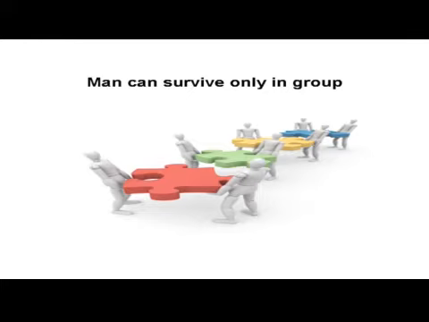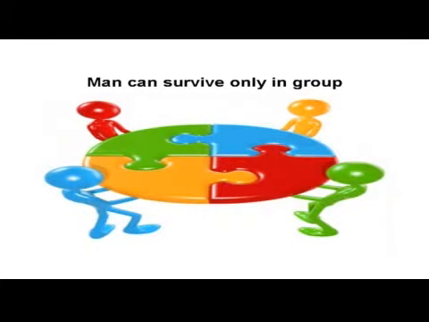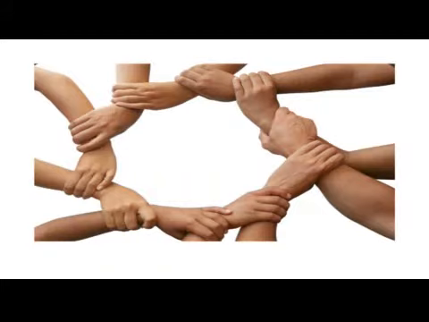Secondly, man can survive only in groups. Human capabilities are limited and hence men are interdependent. Only by establishing group life and membership in various groups, people can satisfy their needs by supporting each other.